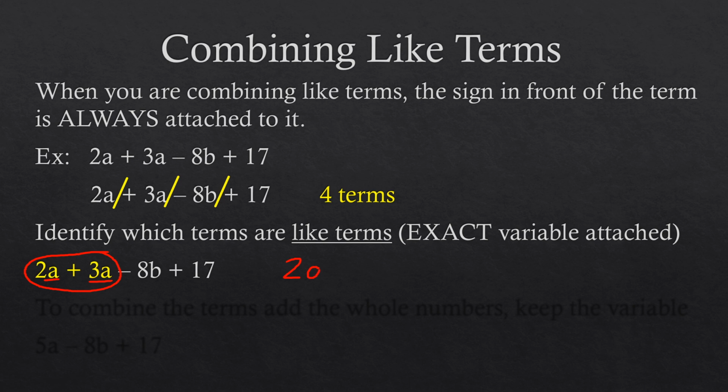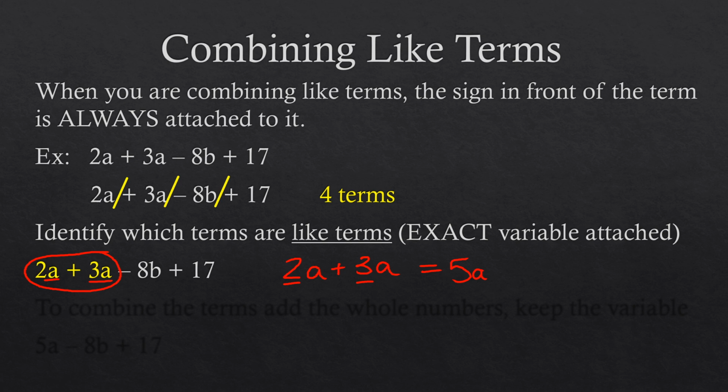Okay, so I have this 2a and I'm adding it to 3a. So to solve this, I have to go, well, what is 2 plus 3? 2 plus 3 gives me 5, and I keep my variable here.